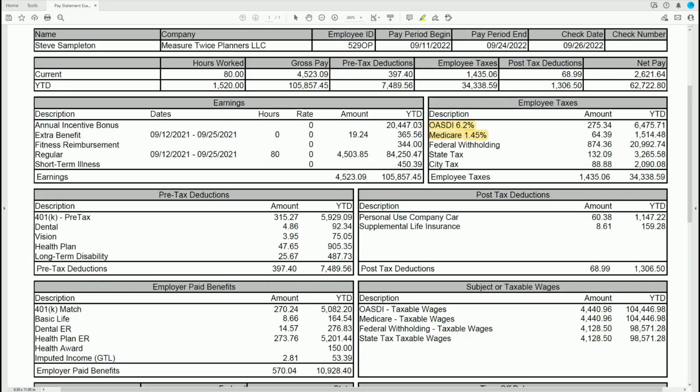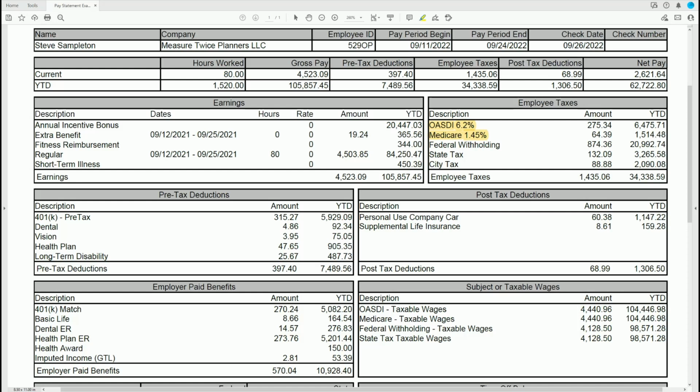FICA, standing for Federal Insurance Contributions Act, are mandatory employment taxes that provide benefits for retirees, disabled individuals, and children. Social Security tax will often appear as OASDI, Old Age, Survivors, and Disability Insurance, with gross earnings up to the Social Security wage base, currently $147,000 in the year 2022, subject to a 12.4% tax, split equally between the employer and the employee at 6.2% each.